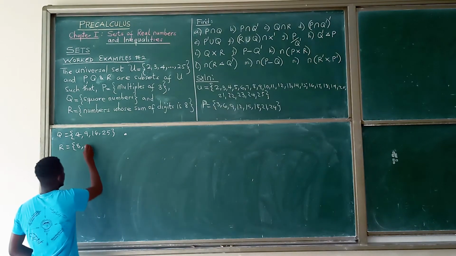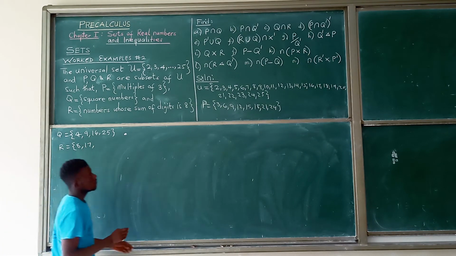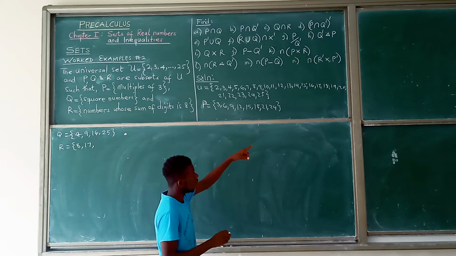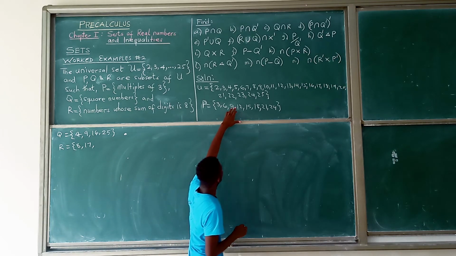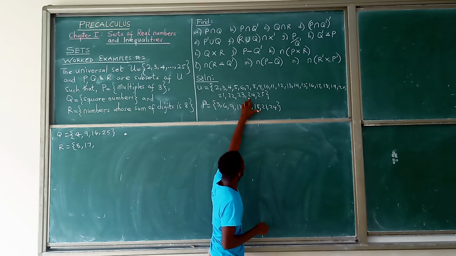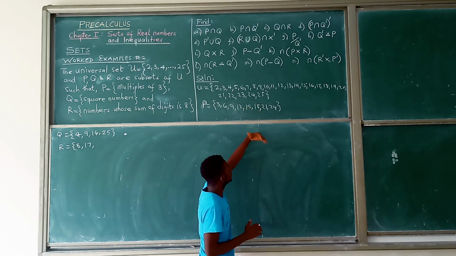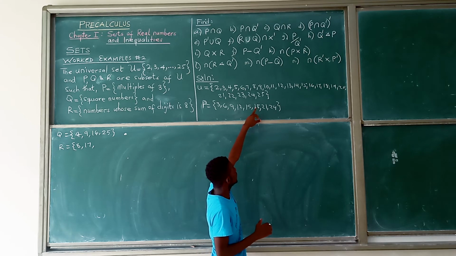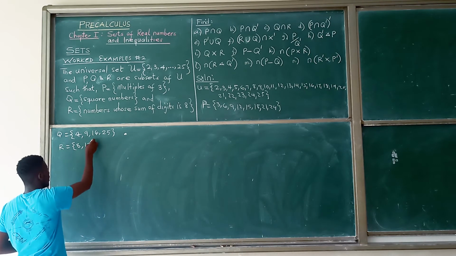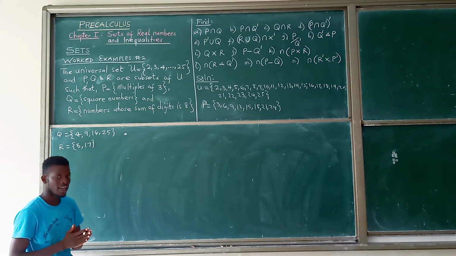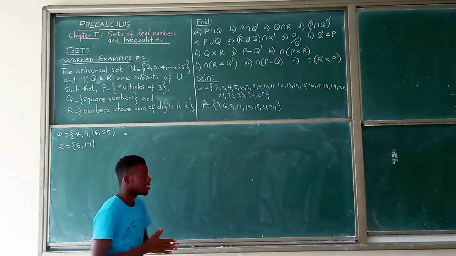So 17 is the next element. From 17, we go to 18. 8 plus 1 is 9. 9 plus 1 is 10. And so on. So you have 2 plus 4 is 6 and not 8. And 5 plus 2 is 7. So 8 and 17 are the only elements of set R.